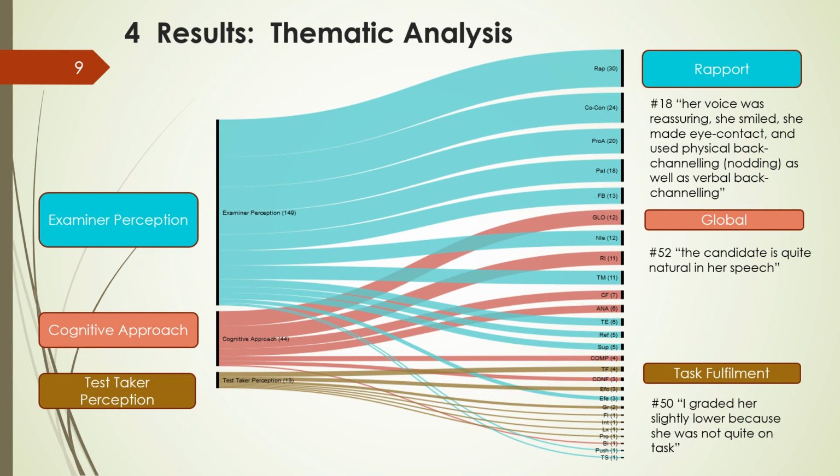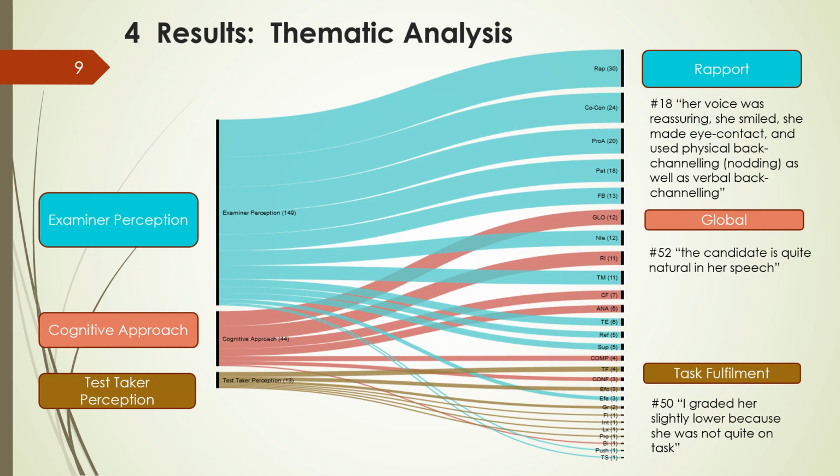The test taker perception theme consisted of 7 subthemes which categorised the different types of linguistic and non-linguistic behaviours of the test takers. The most frequent observation here was task fulfillment, and this referenced the degree to which test takers diverged from the task, or if communication broke down and thus the task could not be completed.